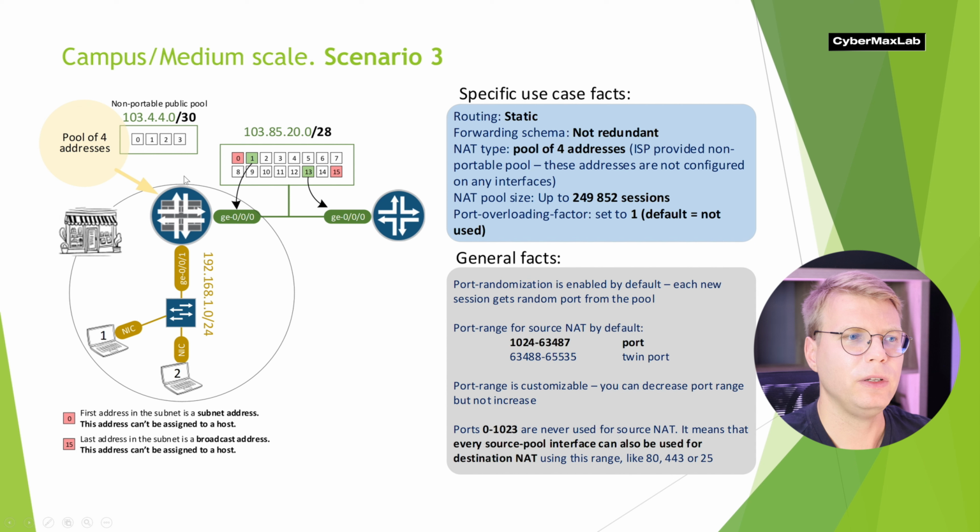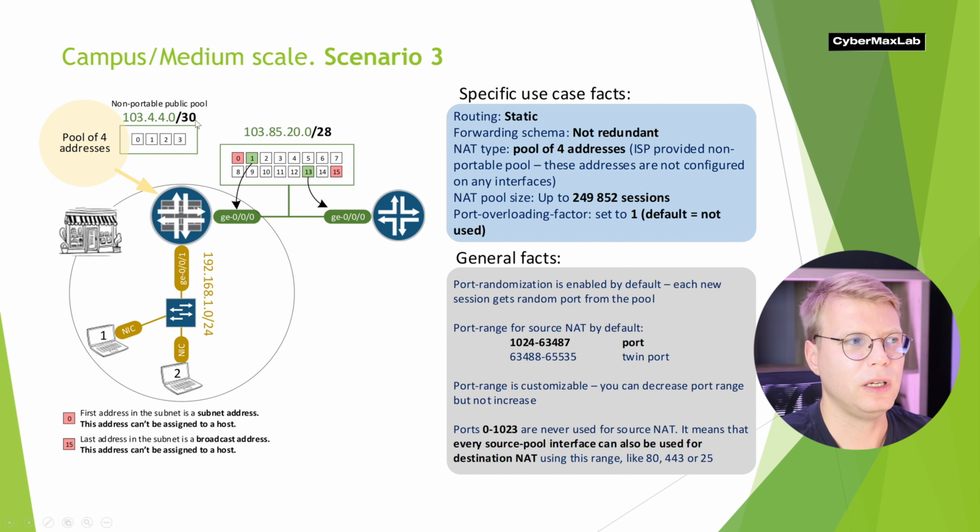But there is a very interesting thing here. You remember I told you before about these 2 special addresses in the pool which are reserved and cannot be used for the hosts, right? There is a different story with a certain pool which we can use for network address translation.